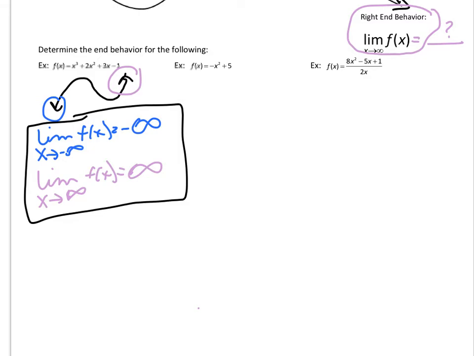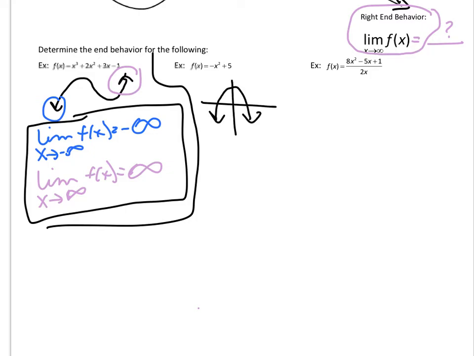If we look at the next example, negative x squared plus 5, that is just a parabola upside down. And we're going to look at left end behavior. So my limit as x approaches negative infinity, I'm on the left of my function. Now this time it's pointing down, so my y values are getting smaller, just like this one was.